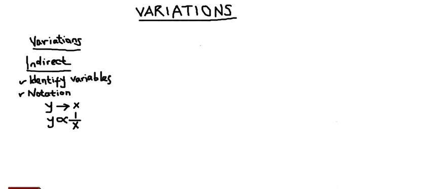So that will be the notation for inverse variation. If y, for example, varies inversely as w squared, then the notation will be y varies inversely as w squared.